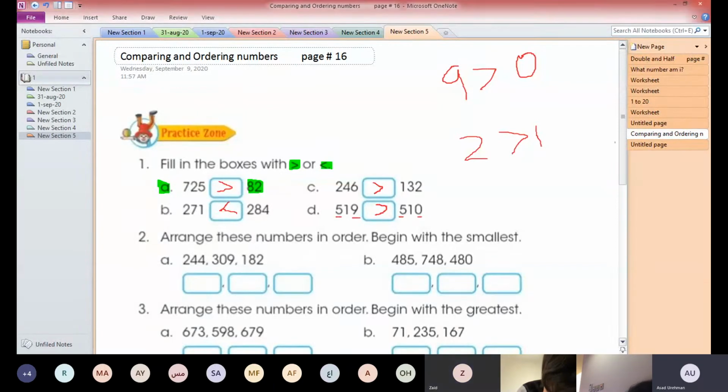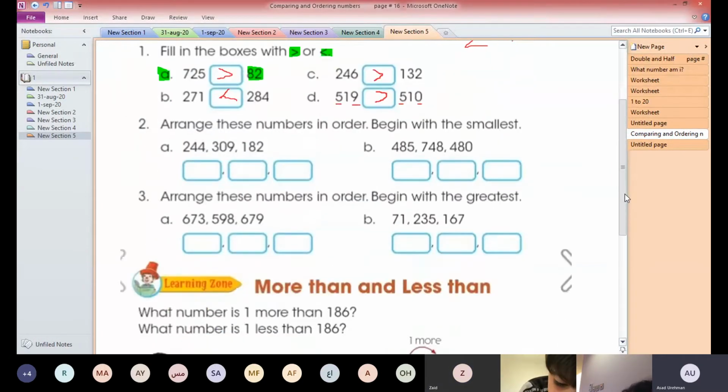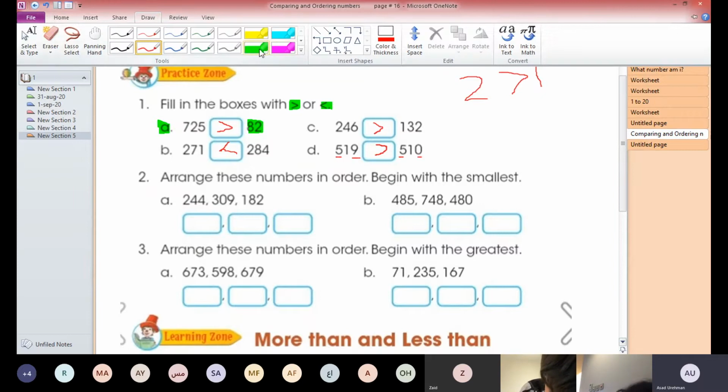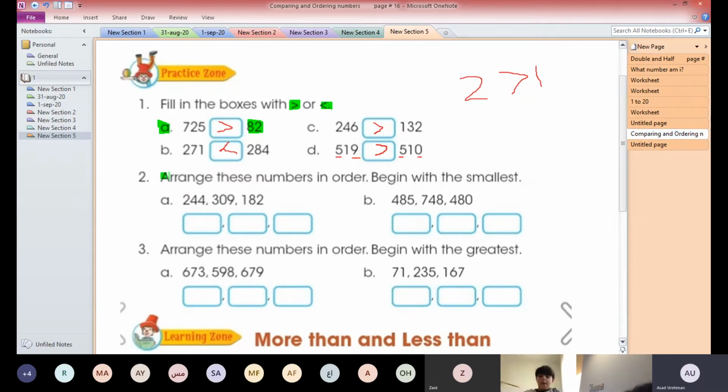Okay, now we are going to complete the second question of this exercise. Here we have to arrange these numbers in order, and that should begin with the smallest. Okay.